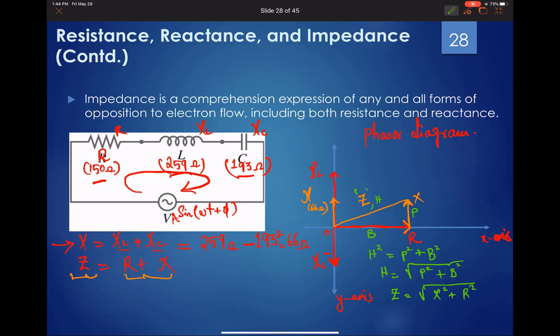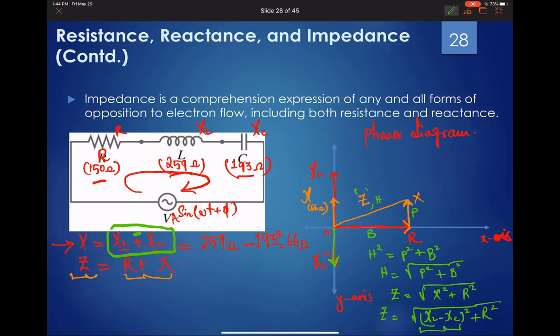In some books you will see Z equals the square root of (XL minus XC) squared plus R squared, and that is also fine, because remember XL minus XC comes from here. XC represents the negative y-axis, so it is going to be negative. Both are pretty much the same.